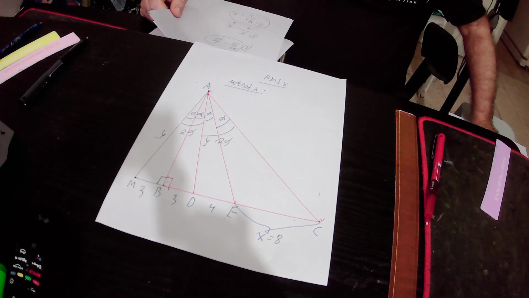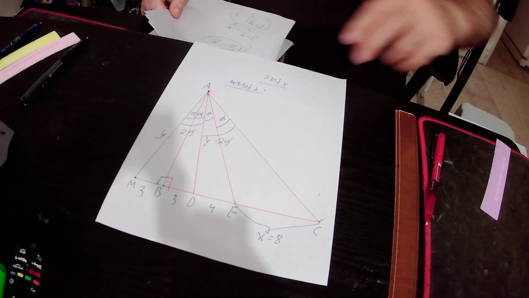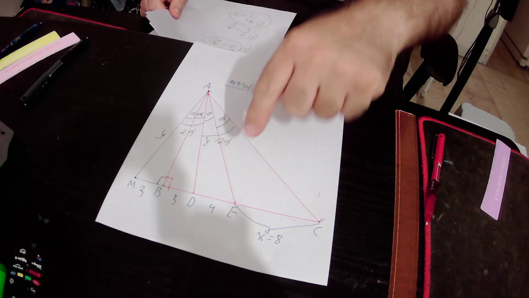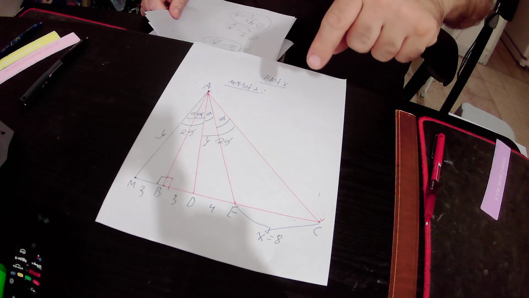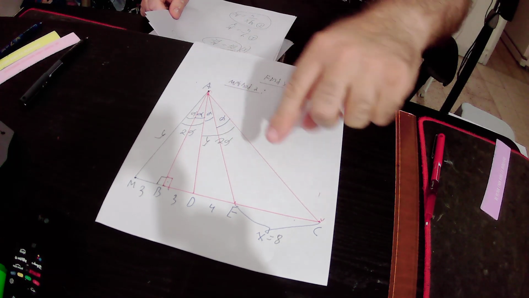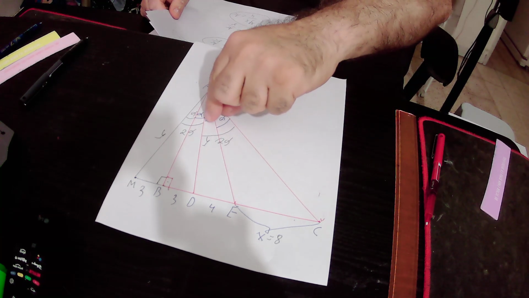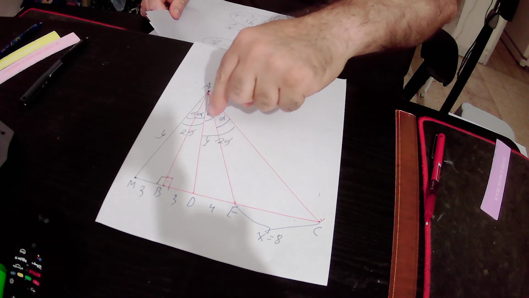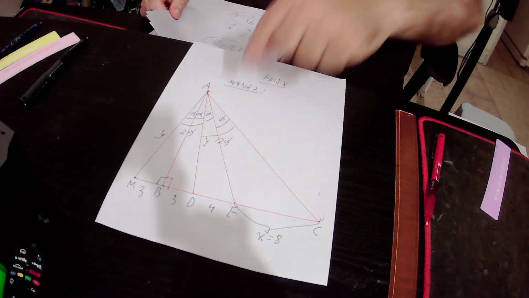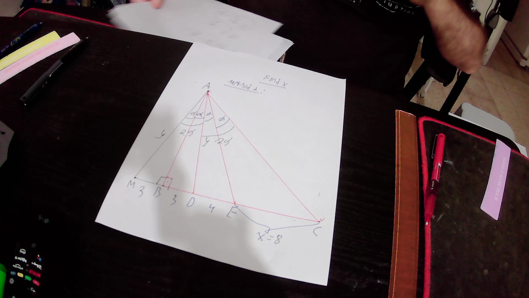In triangle ADC, AE is an angle bisector because it divides this angle DAC into two equal angles. This angle is alpha and this angle is also alpha.